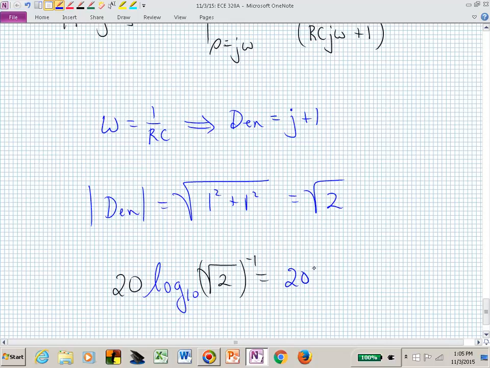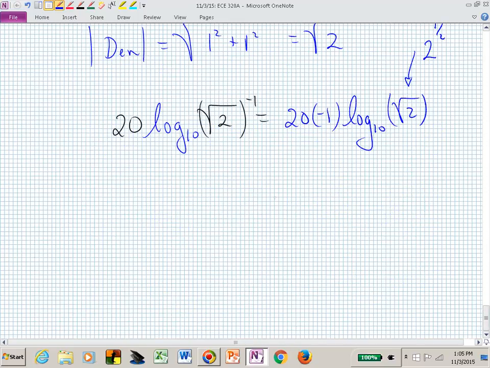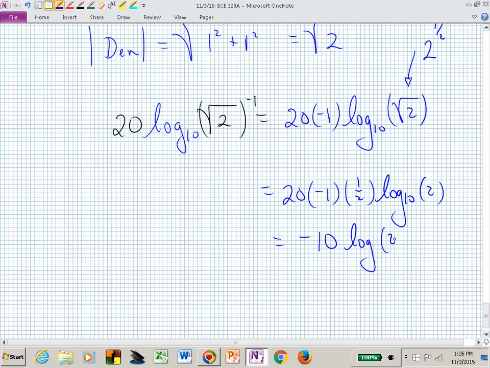We have 20, but we can take that exponent to the front. We have 20 base 10, and the square root of 2, that can be written as 2 to the 1/2. That 1/2 can now jump out front. We have 20 minus 1, 1/2 log base 10 of 2, or this is now minus 10 log of 2, and you probably have the log of 2 memorized.